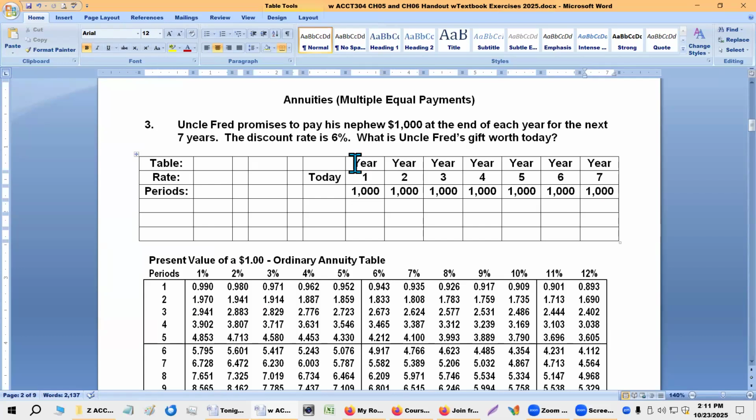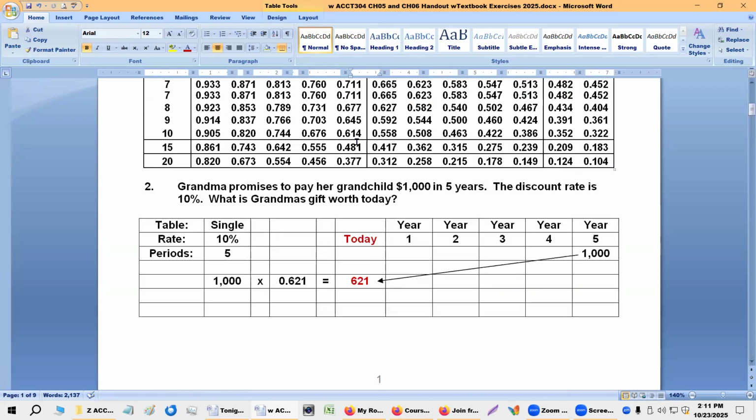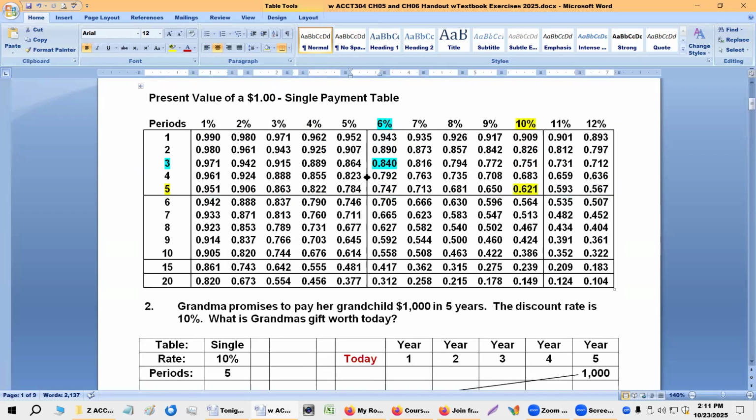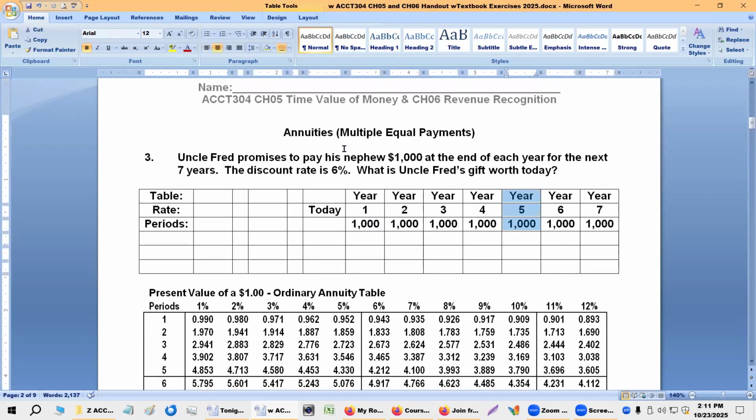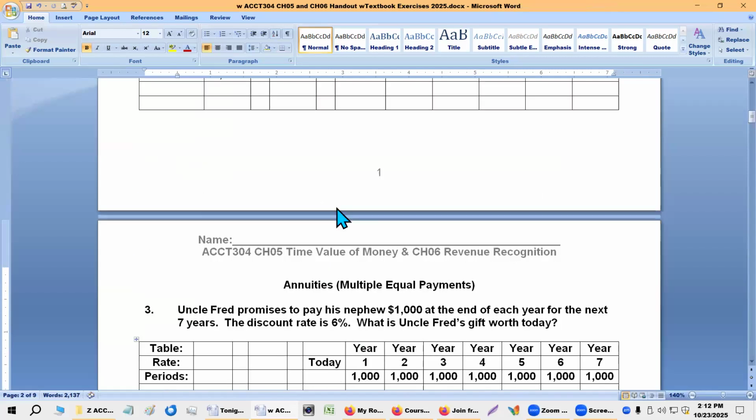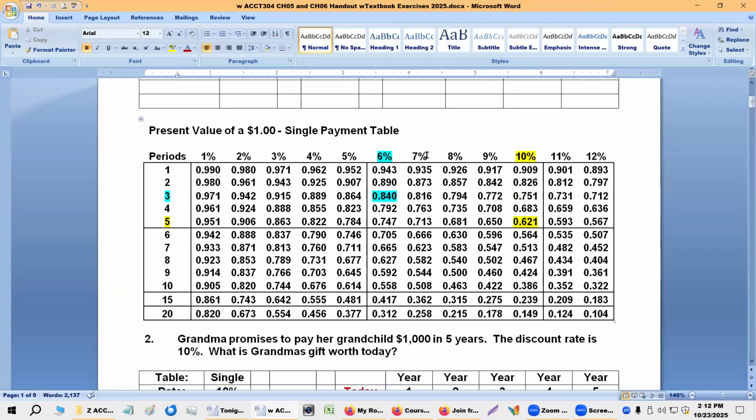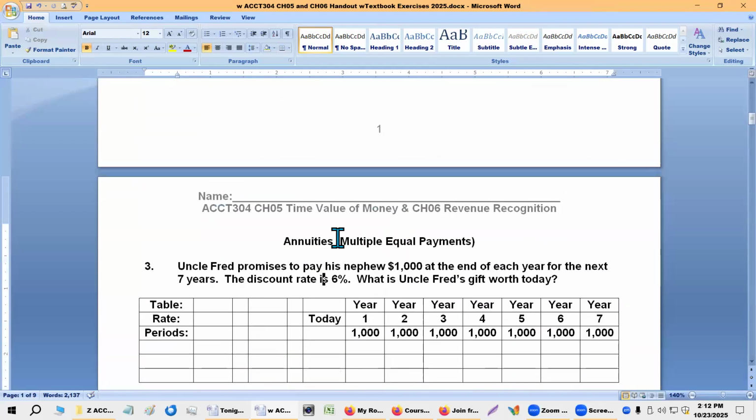Now, we could go to the single payment table and say, okay, how much is year one worth, and year two, and so on. We could do all these individually. We could do 7 calculations of this, right? And do it on a single payment table. However, the annuity table is very helpful because it'll add up all of these single payments and multiply them just one time.